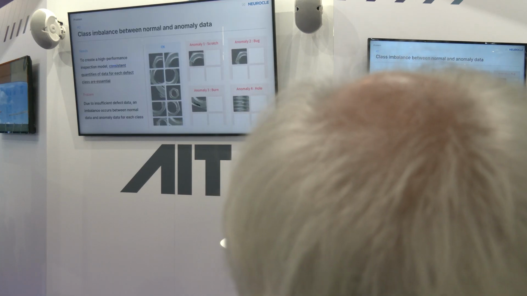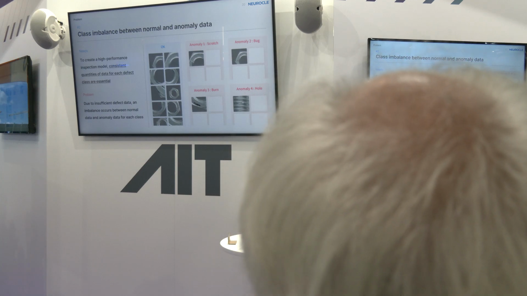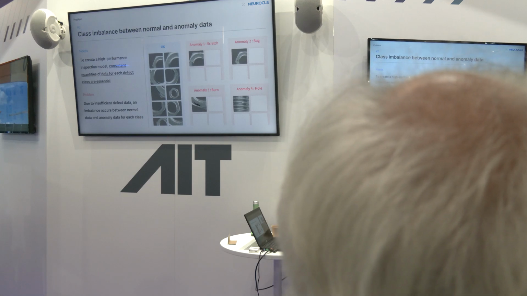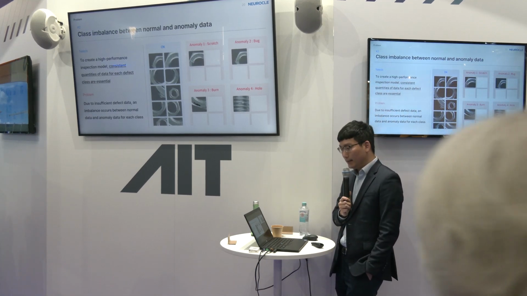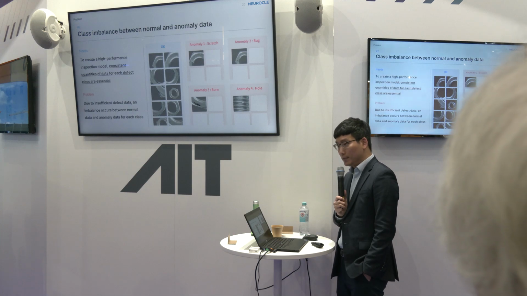If you have class imbalance among your defect types, this is also a problem. As I mentioned, maybe defect 1 and defect 2 you can easily gather. You have maybe several hundreds of defects for the first and second defects. But for defect 3 and defect 4, you only have 1 image or 2 images.